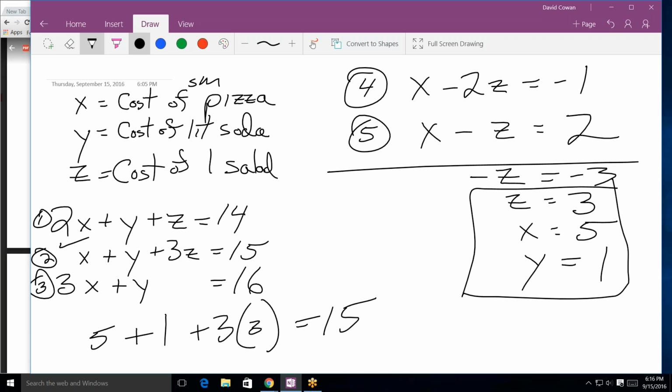Yes. I'm now 99% sure that I got the right three answers. In order to be 100% sure, I would have to try all three equations and make sure all three work. But like I said, there's a point where you don't want to spend your time checking your answers.